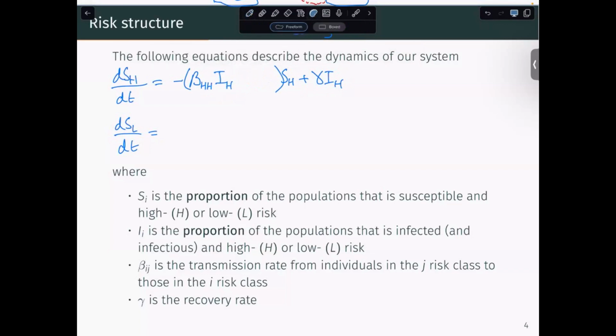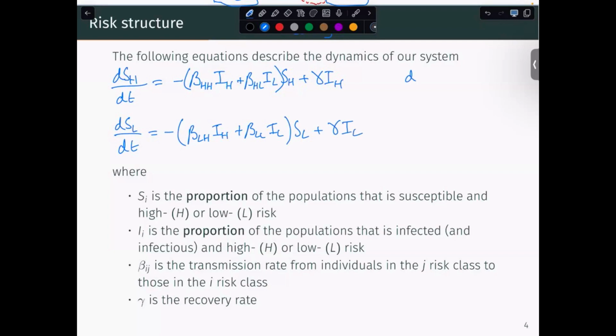And then beta HL is going to be my rate of transmission from low-risk individuals to high-risk individuals. So both types of individual here can infect these high-risk susceptible hosts. Likewise, for our low-risk class, beta LH is going to be the transmission rate from high-risk individuals to low-risk individuals, and beta LL is the transmission rate from low risk to low risk.